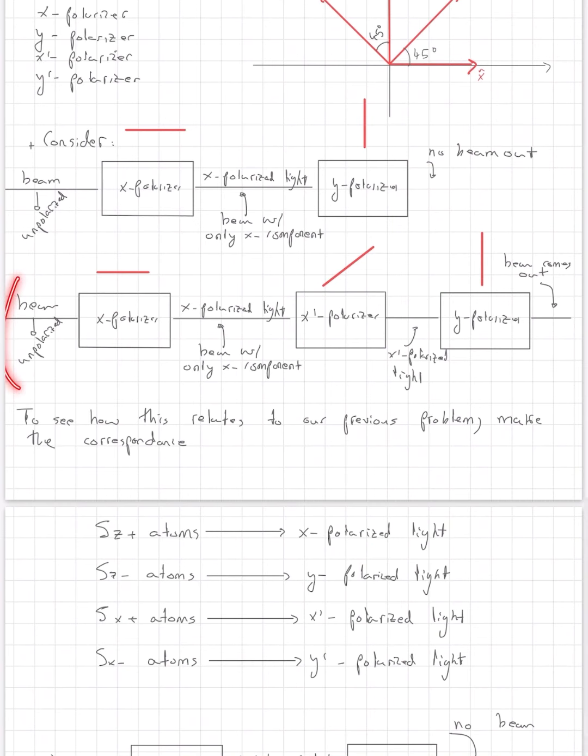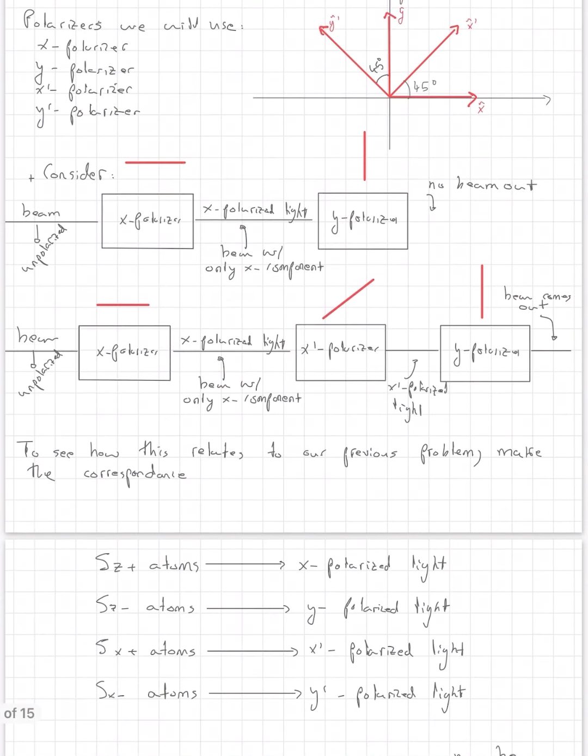For the second one, again we have a beam of unpolarized light. We pass it through an X polarizer, and like I said earlier, only the X component of the light will pass, so we will have X polarized light. However, now we pass it through a second polarizer that is an X prime polarizer. This X prime polarizer will not block all of the X polarized light, because you can easily see that X polarized light does have some component along the X prime direction.